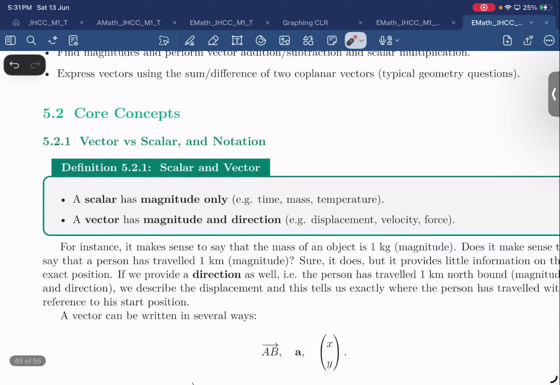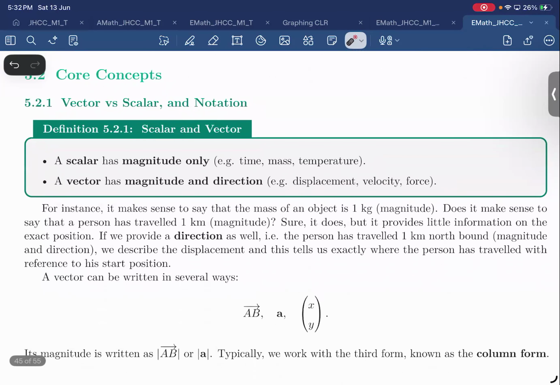So, a quick introduction. A scalar has magnitude only, like time, mass, temperature. A vector has magnitude and direction. If you say I traveled 2 km, people ask you, 2 km where? For a vector you have to say, I traveled 2 km north, for example. So there's a direction associated with your vector.